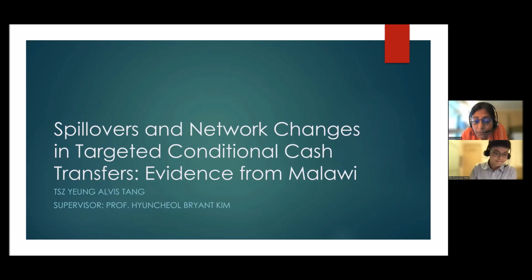And his tips for students who are interested in learning to do research are to read more and to actively reach out to faculty members. So that is Albus's secret of success. And now he's going to tell us about conditional cash transfers in Malawi.